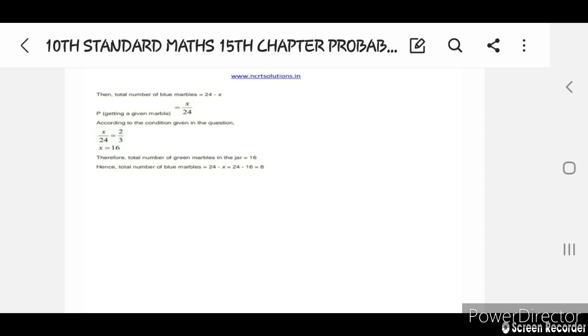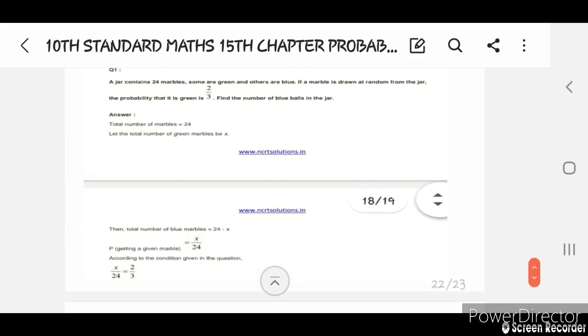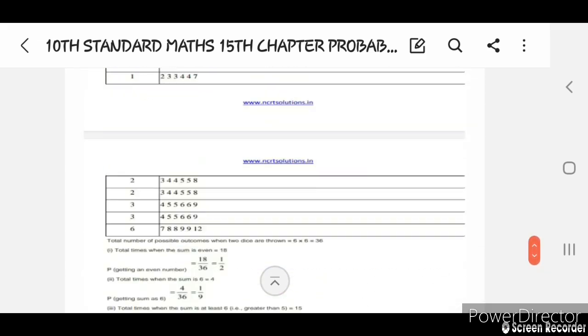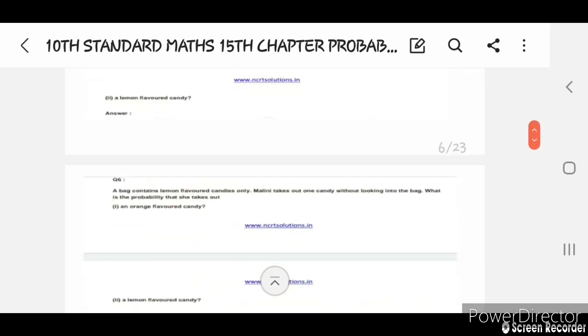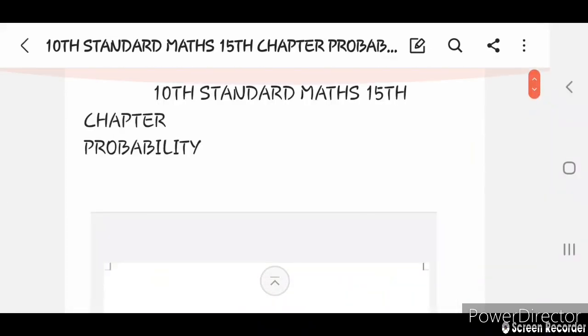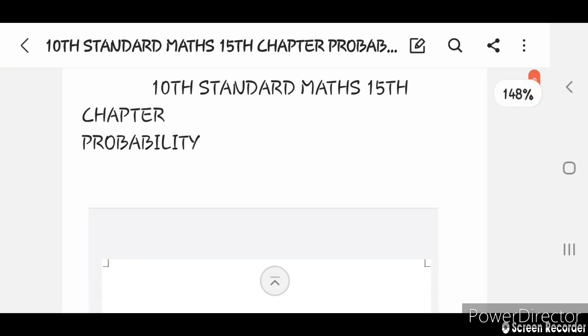So this was your last sum. And as I said, probability is an easy chapter, but the one thing you have to do is understand the question they have given and try to solve it after understanding it. If you just read and go to solve, you may miss one line or one number that they have given.